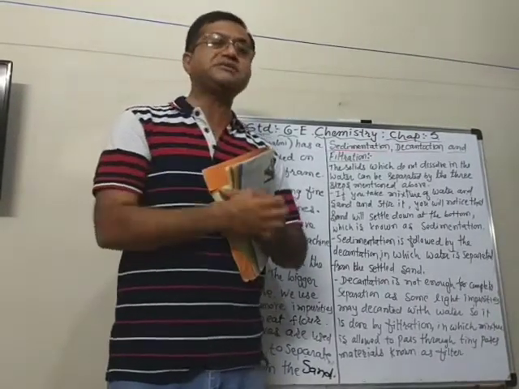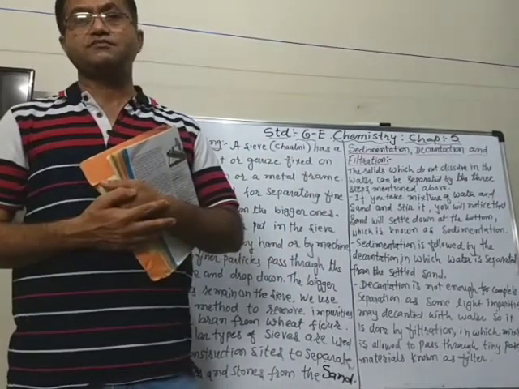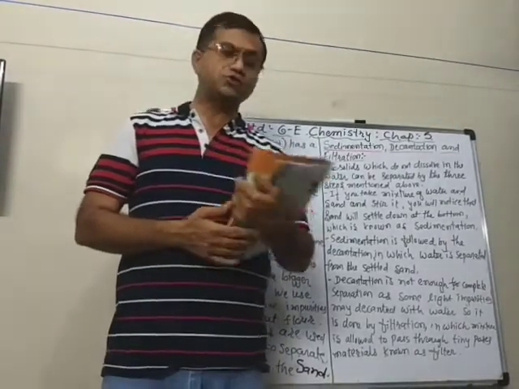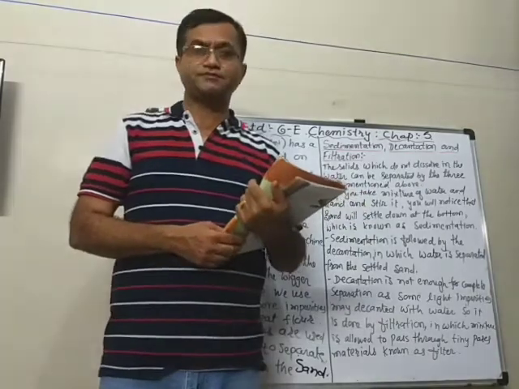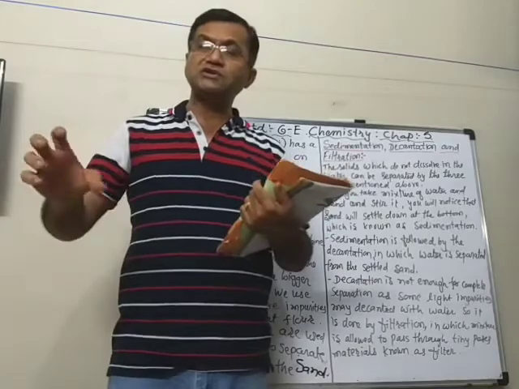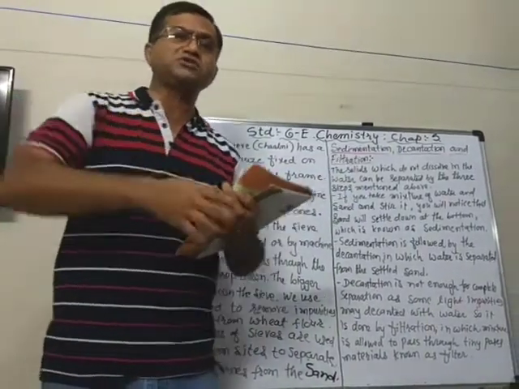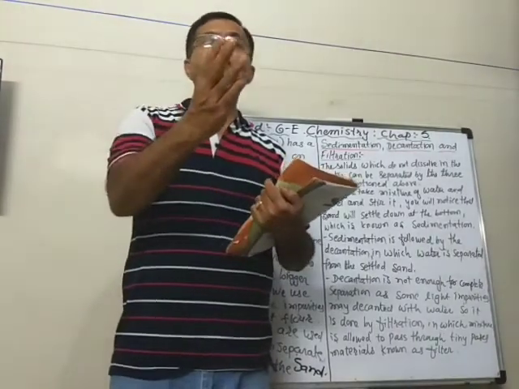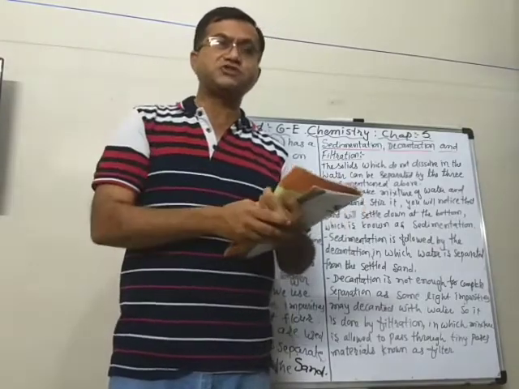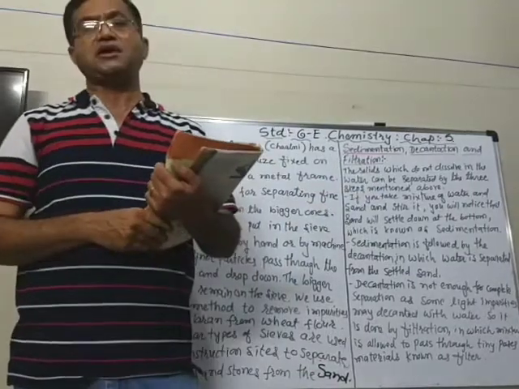Now after sedimentation, the mixture is still not separated. Water and sand are still together there. So now what do we have to do? Slowly we have to tilt that beaker without disturbing the sedimented sand. We just pour out the supernatant, and that supernatant we can take out into another container.